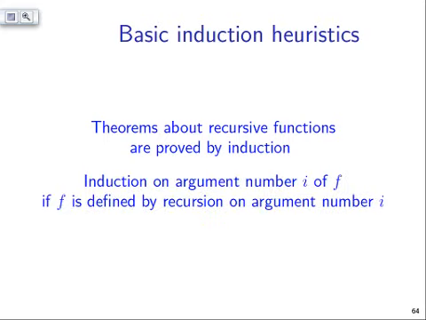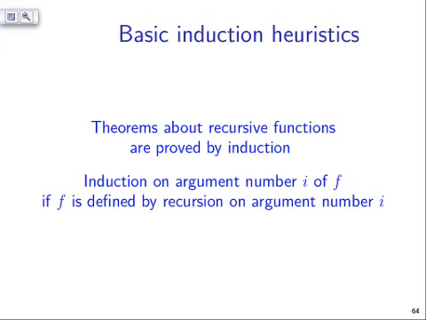I think I have already talked about this. You should do induction on the ith argument of f if f is defined by recursion on argument number i. So you always look at which argument the function recurses on, and then you do induction on that argument.